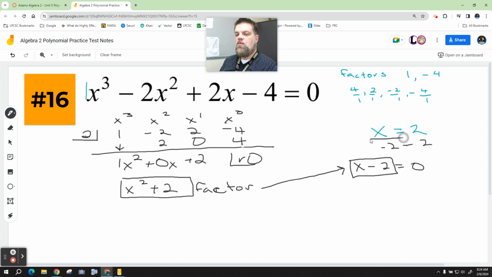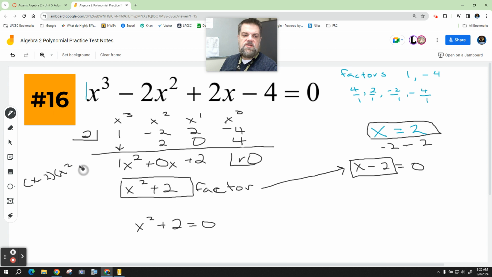But we already did the work to find out that x equals 2. So for this factor, because I can't break that down anymore, I just say x squared plus 2. Remember, when we get the factors, what I'm thinking is that x minus 2 times x squared plus 2, when I multiply that out, it gives me this line up here.